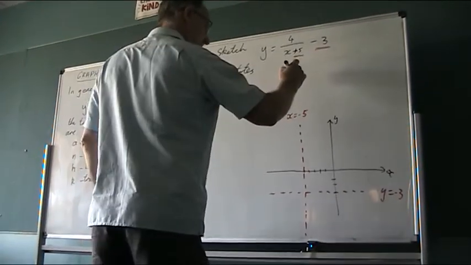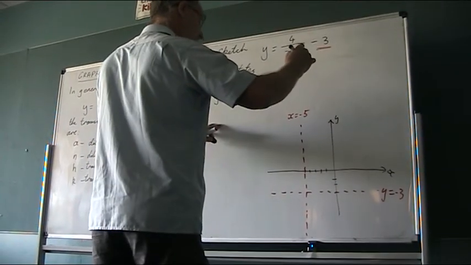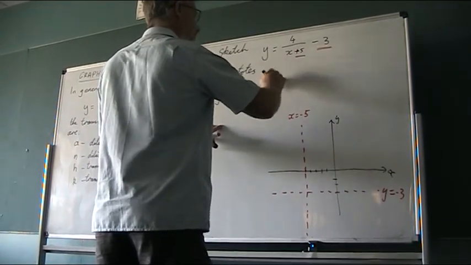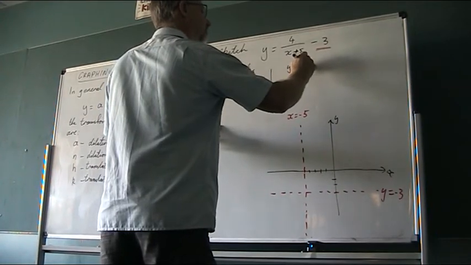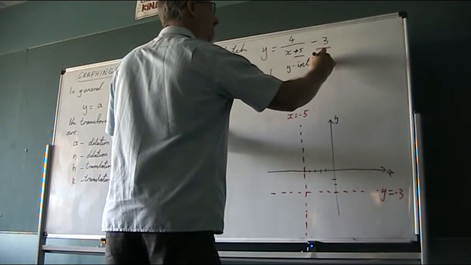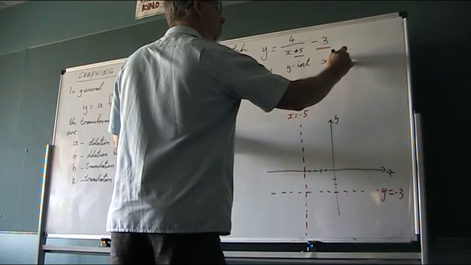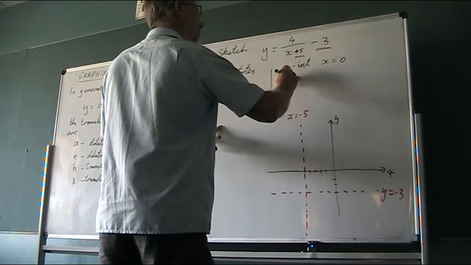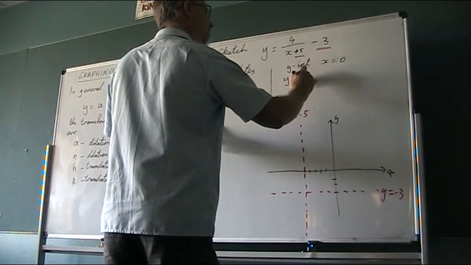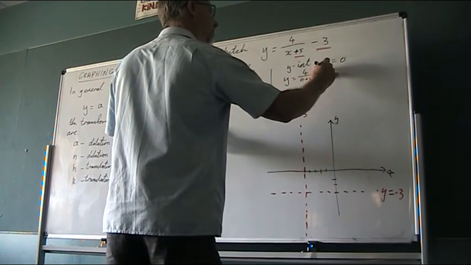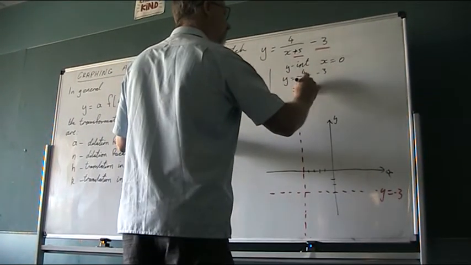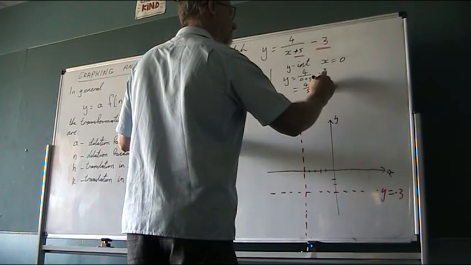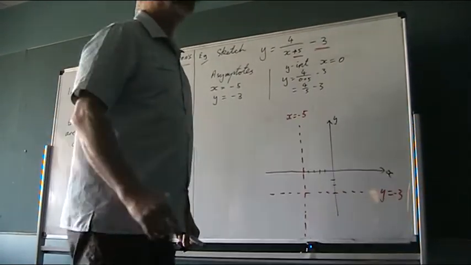All right, so let's find the Y-intercept. The Y-intercept occurs when x is 0. So we've got y equals 4 over 0 plus 5 minus 3, which is 4/5 minus 3. How many fifths in 3?